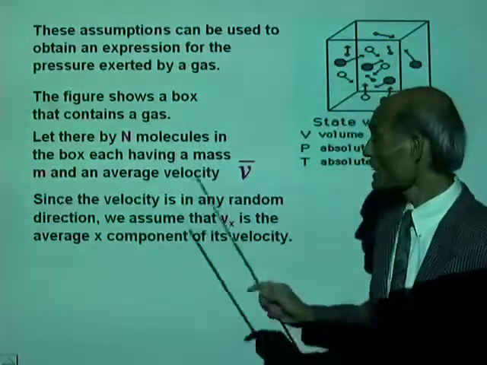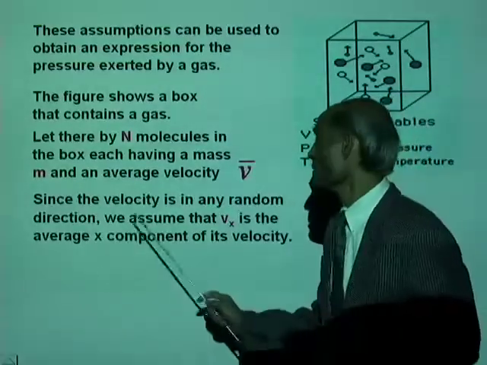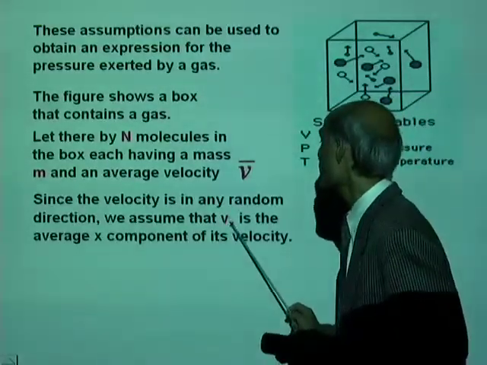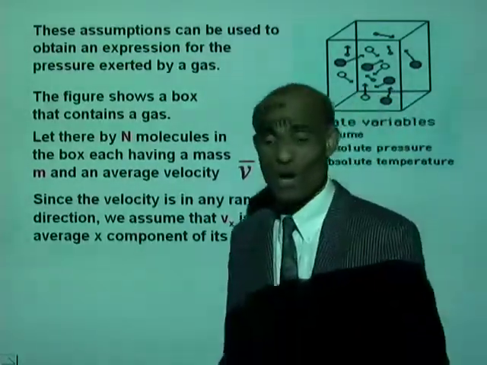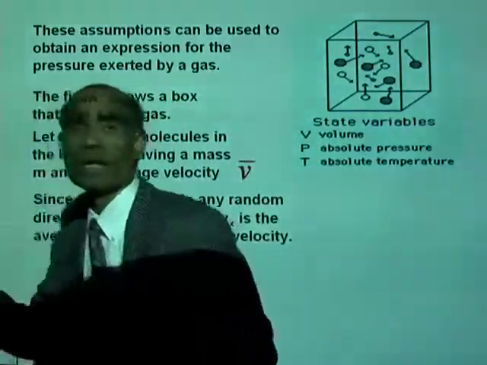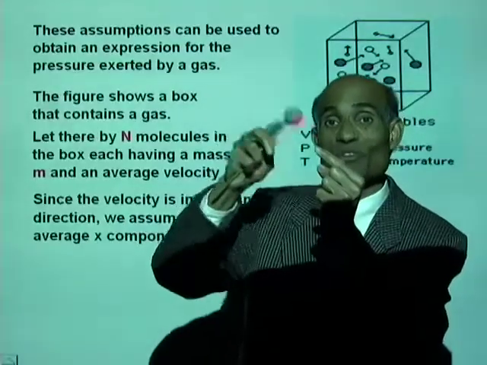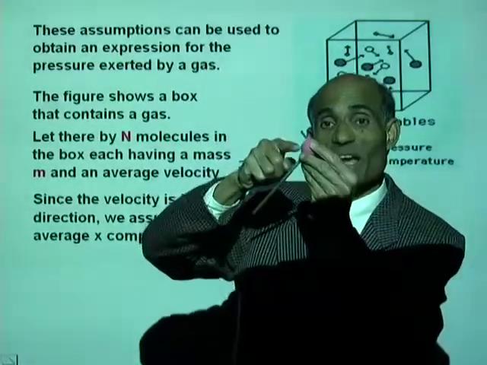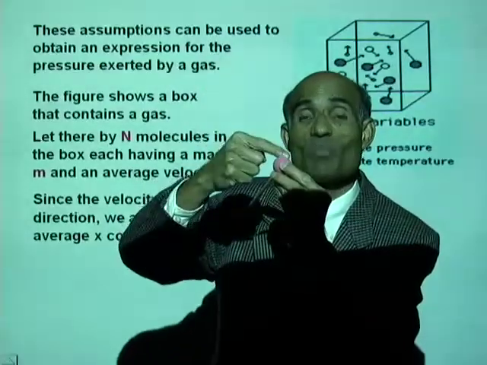Okay. Since the velocity is in any random direction, we assume that v sub x is the average x component of this velocity. You take a molecule, the velocity of a molecule can be at any random direction, but it has an x component, a y component, and a z component.